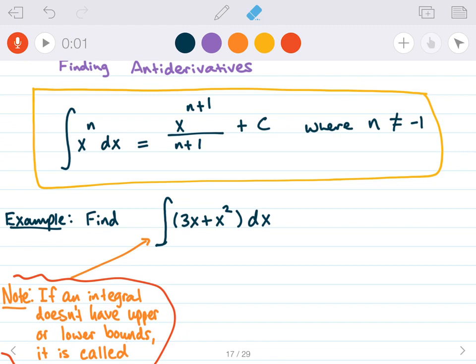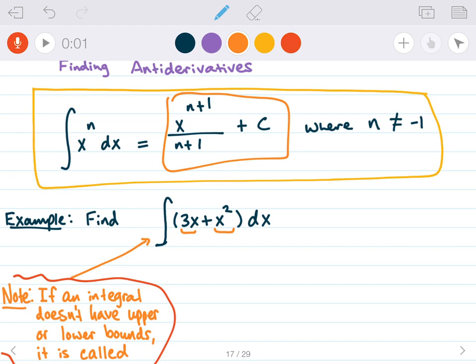We take each term that's being integrated, we add 1 to the exponent, and whatever we get is what we divide each term by. So that's this rule right here. And we're going to do a bunch of examples. I think you guys are going to pick up on this pretty quickly.